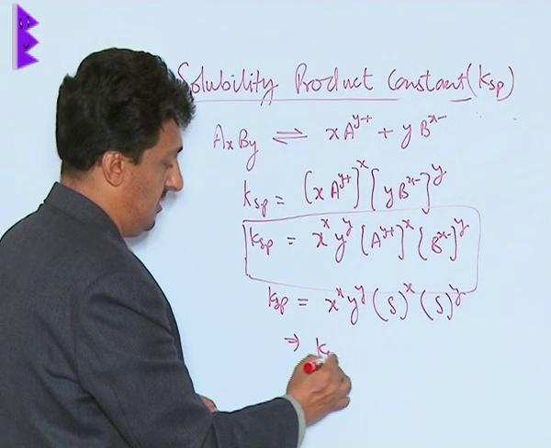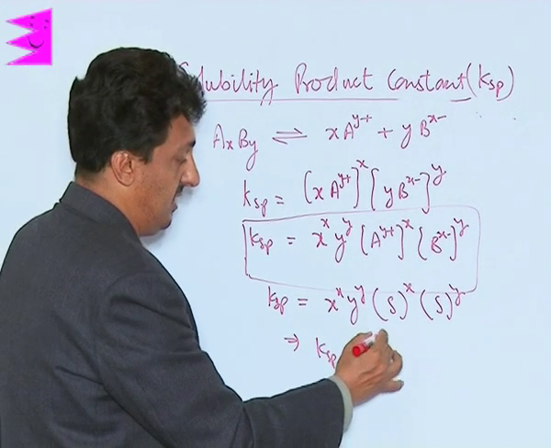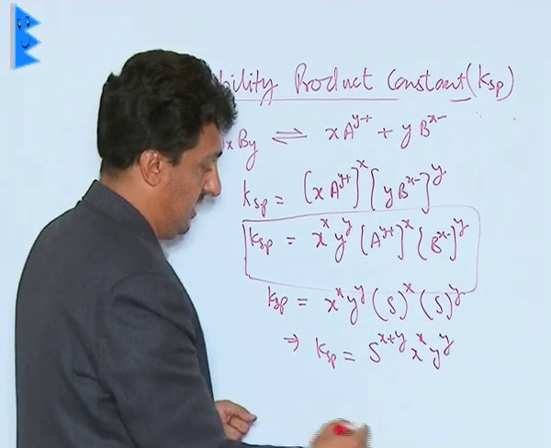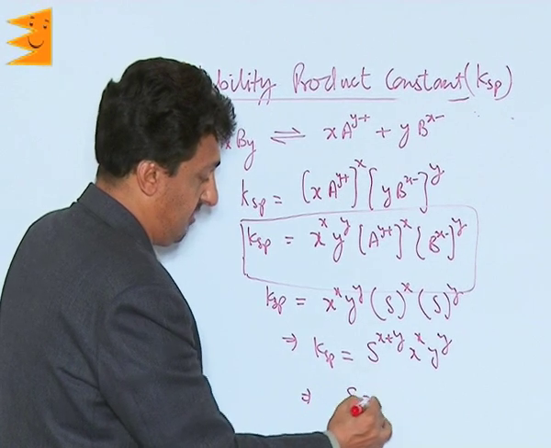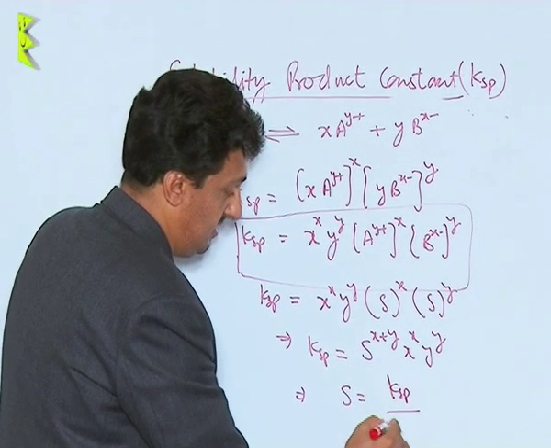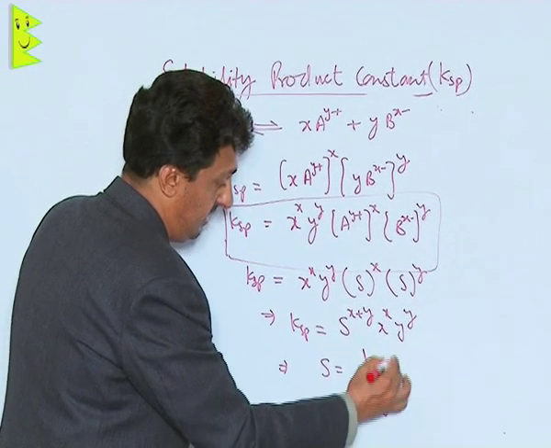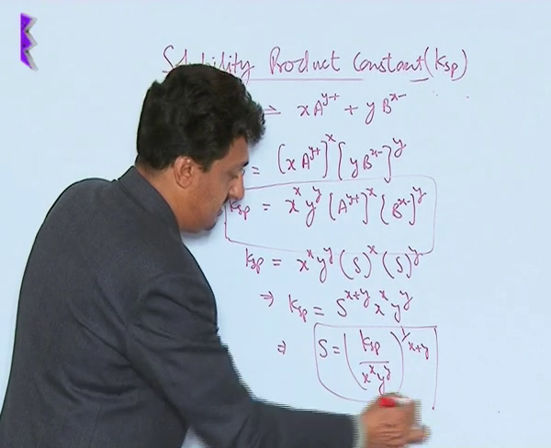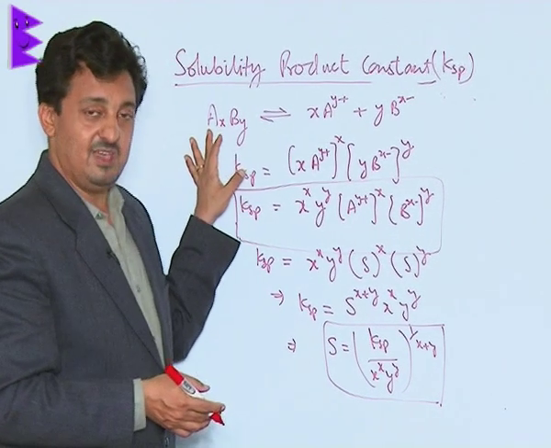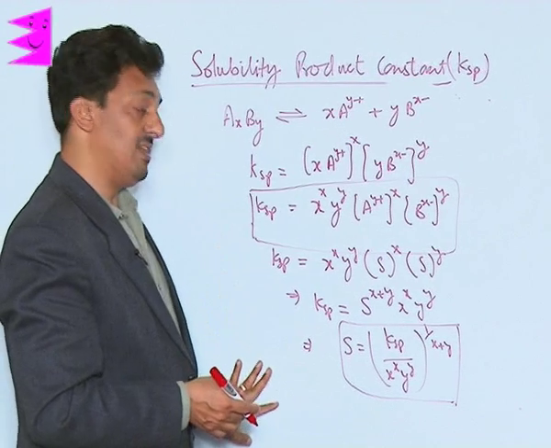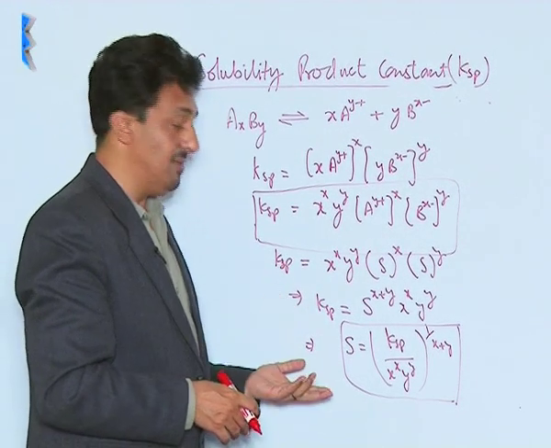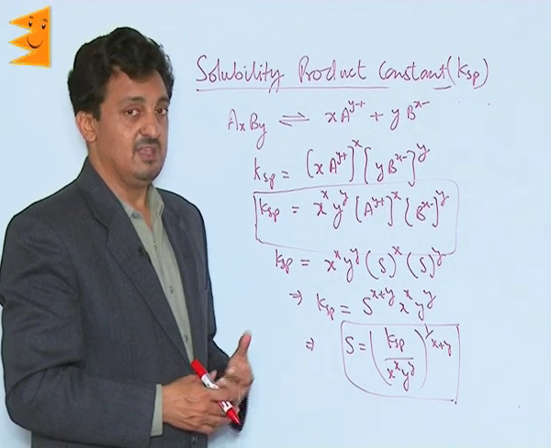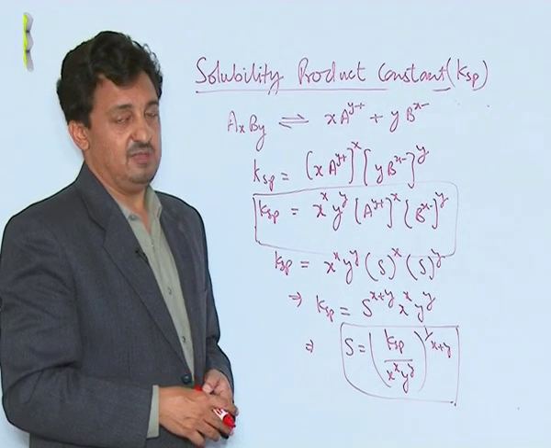So Ksp will be S to the power x plus y times x to the power x, y to the power y, which can be written as solubility equal to Ksp divided by x to the power x, y to the power y, whole raised to 1 upon x plus y. So this is the general expression for a salt like AxBy, and from this general expression we can find the Ksp or the solubility of any type of salt, and this can give us a lot of valuable information regarding the solubility or the Ksp of any particular salt.